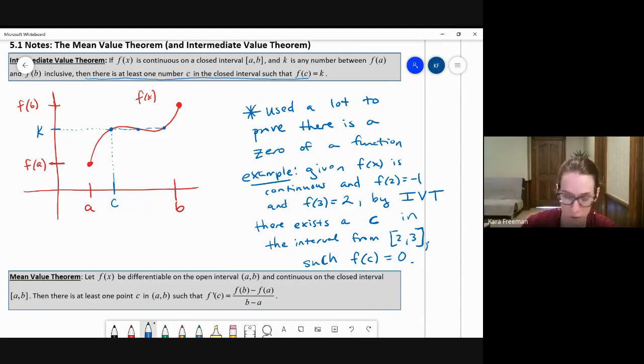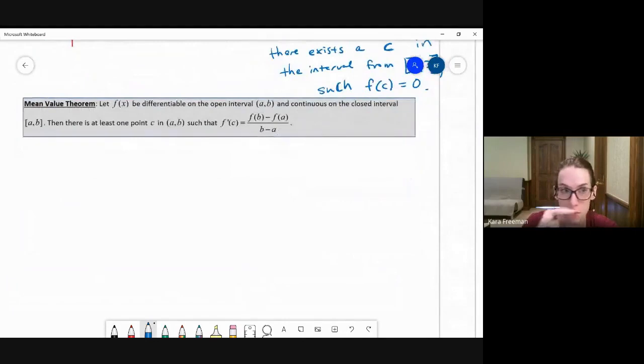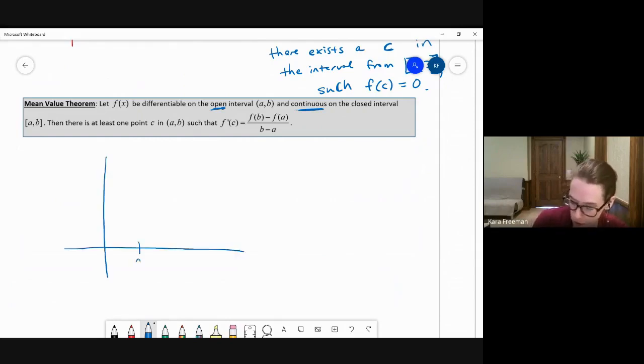Okay. So now let's state the mean value theorem. At first, they might look very similar, but they're not. The mean value theorem, we've restated this from our previous page, but we're going to draw a picture again for this. Let f of x be differentiable, remember, on the open interval and continuous on the closed interval. So let's draw that same graph, because it matches that.